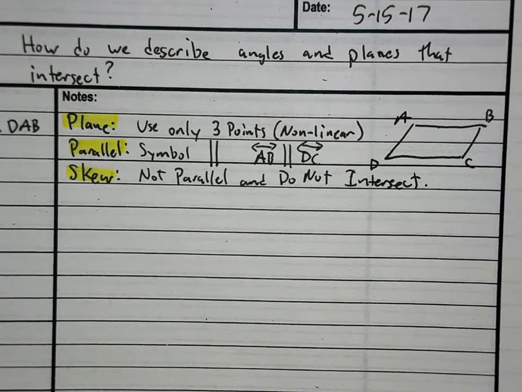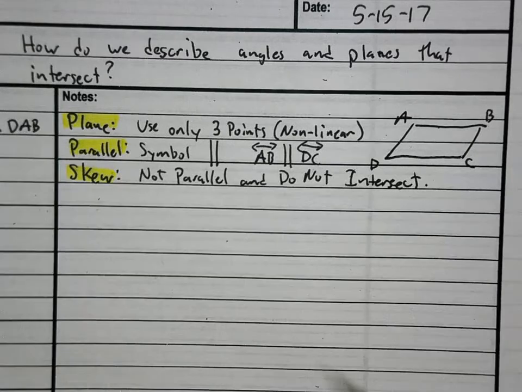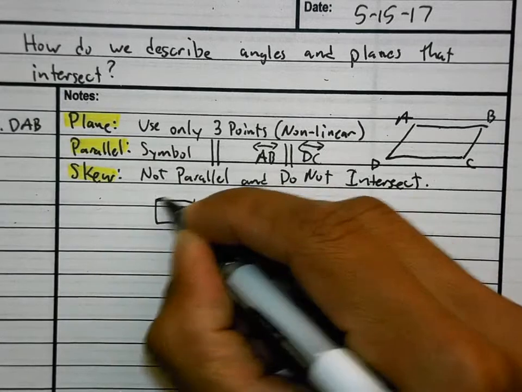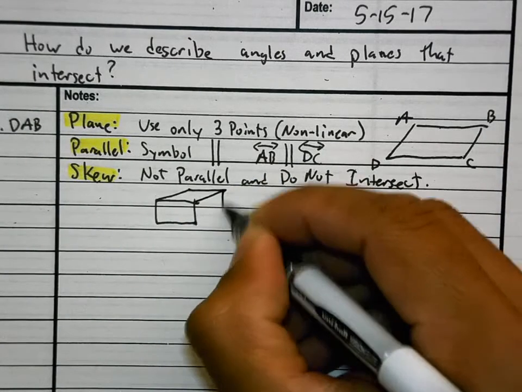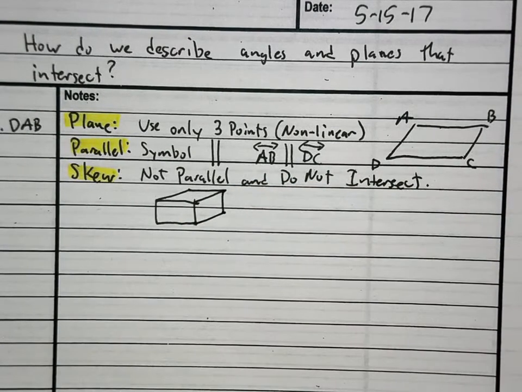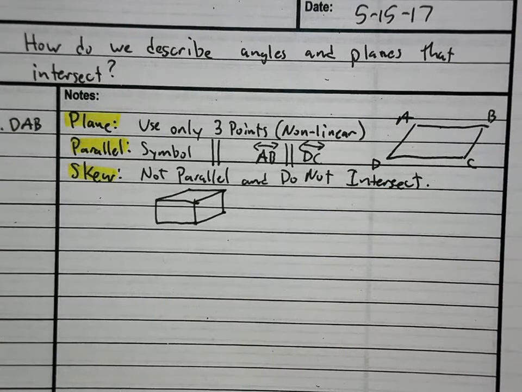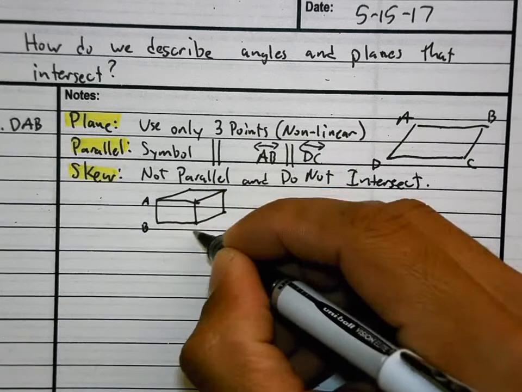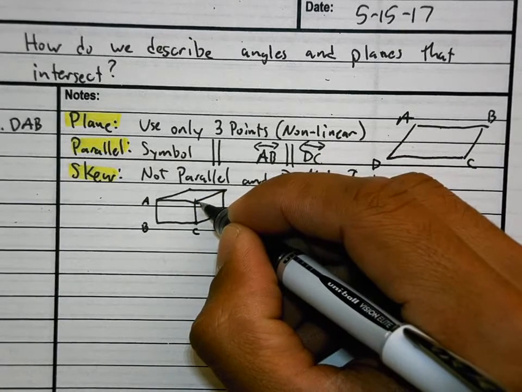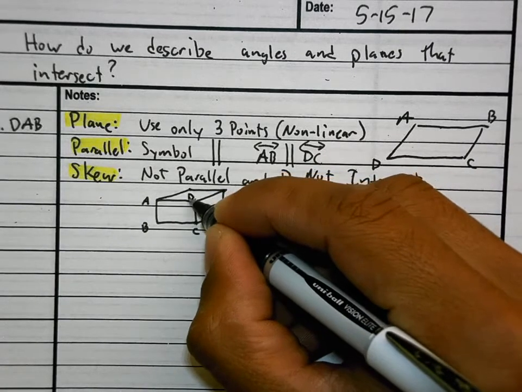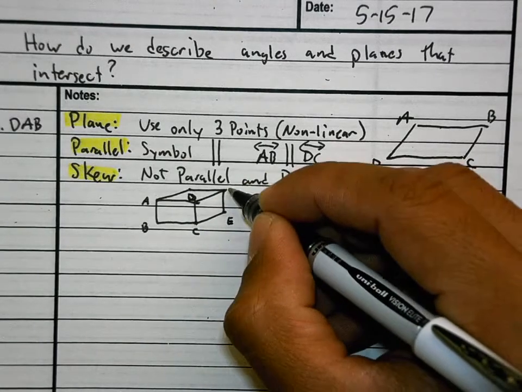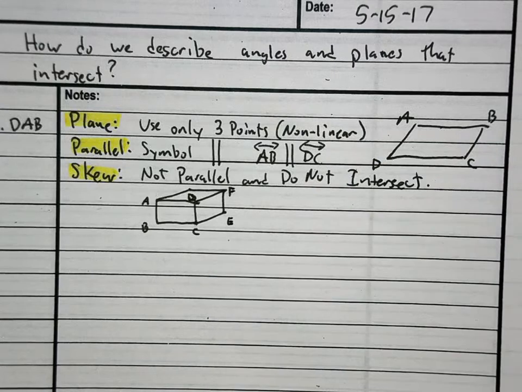What they will do on the worksheet is give you a three-dimensional picture that looks something like a box. As best as you can, if you want to draw this example, feel free. A, B, C. I'll put D right here on this corner. I'll put E, F over there.